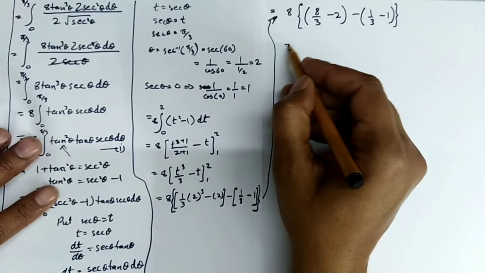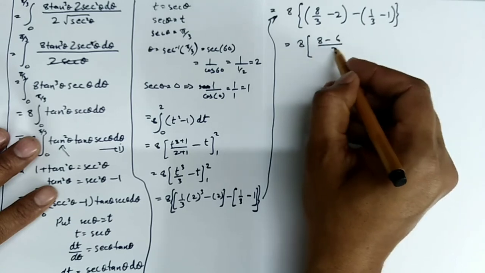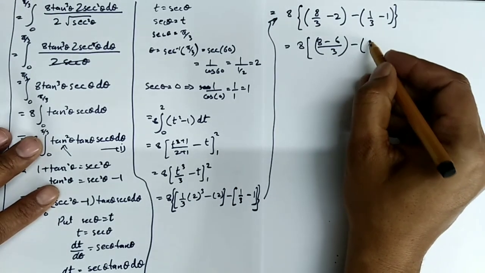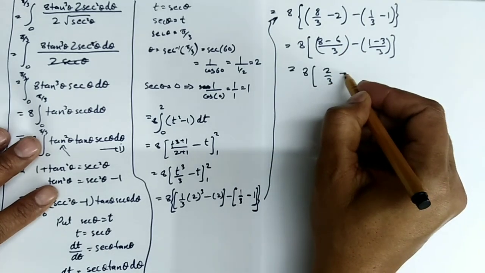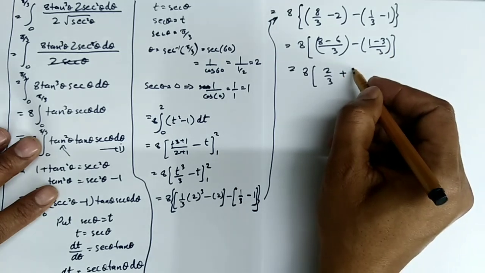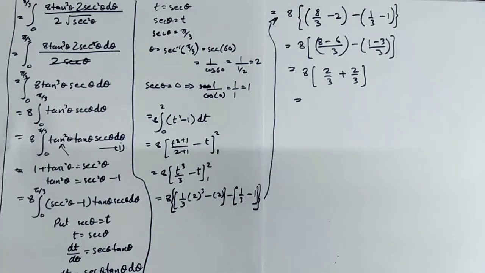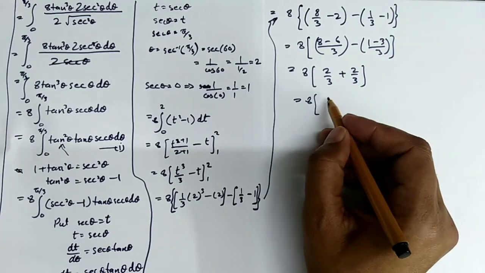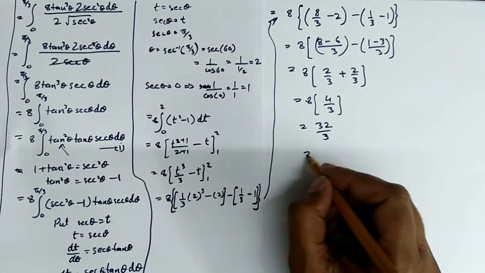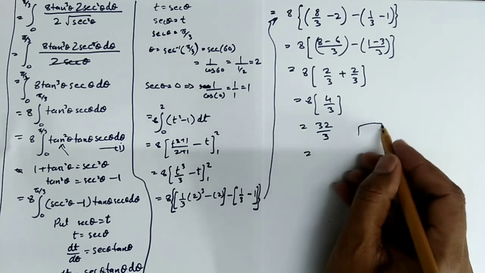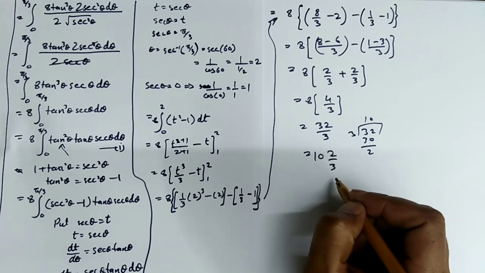Okay, now further simplifying this part, like you can say (8 minus 6) upon 3 minus (1 minus 3) upon 3, that is 2 upon 3 plus 2 upon 3, and this will give us 4 upon 3, which with the 8 is 32 upon 3, and the answer is you can say 10 point 6, which is your answer.